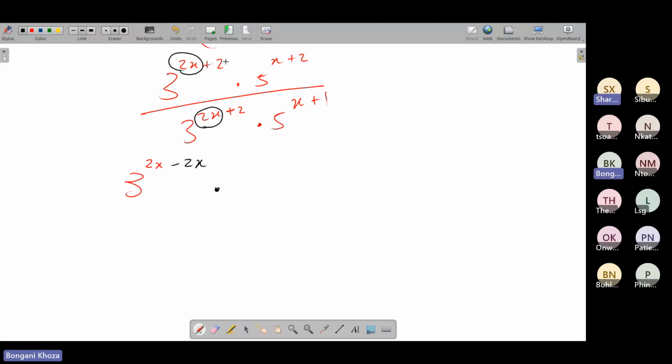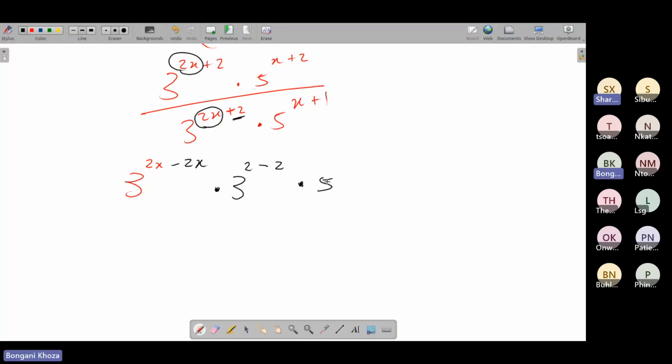Then from there, we check 3 with exponents that don't have a variable. That's that one. There's no other 3 over here. We check the denominator. We have this one over here. So it will be minus 2 because it's in the denominator. We move on.